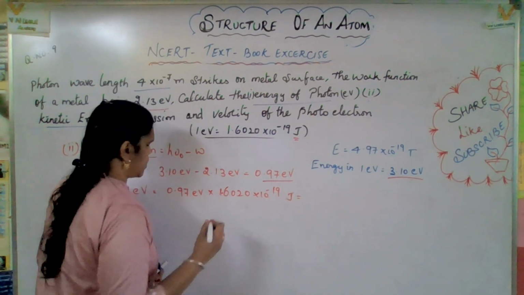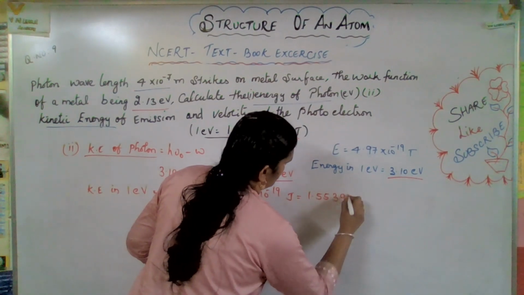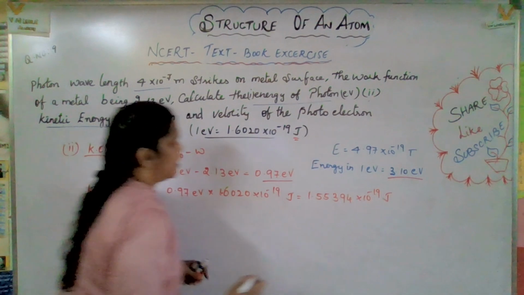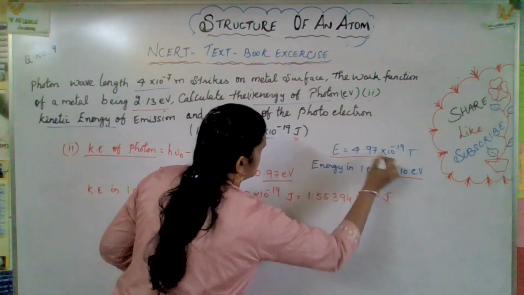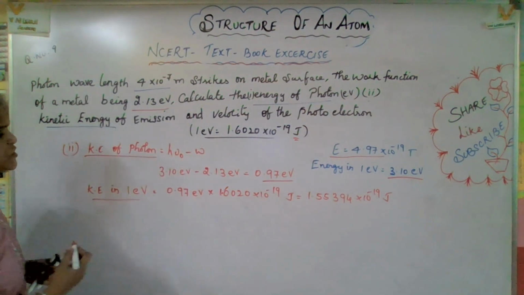So what is the answer? You will get 1.55394 into 10 to the power of minus 19 joule. Now you got the energy of the photon and the kinetic energy in joules; that is also found.